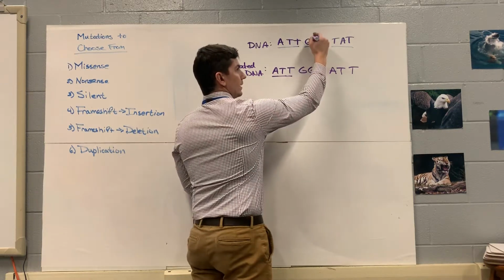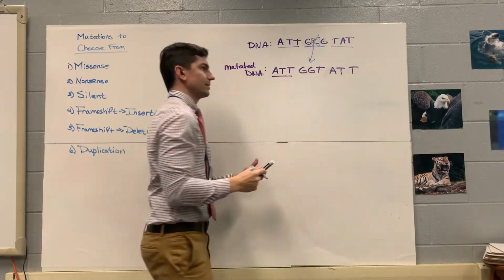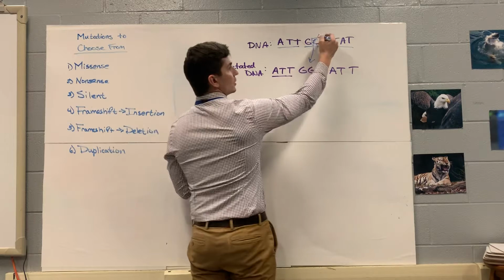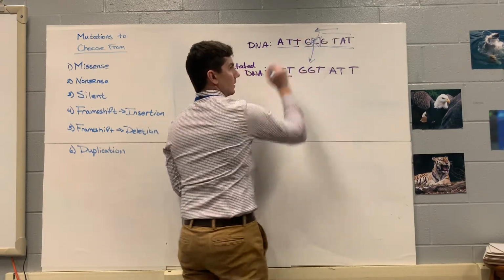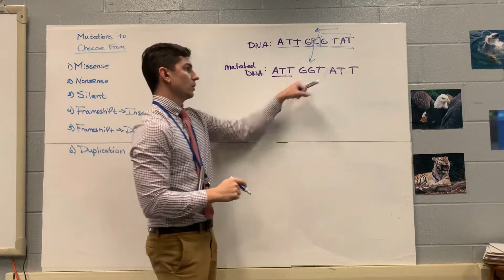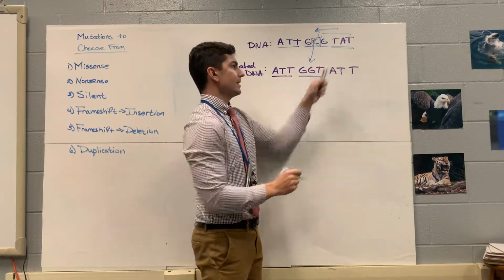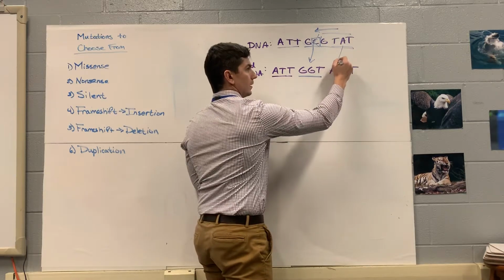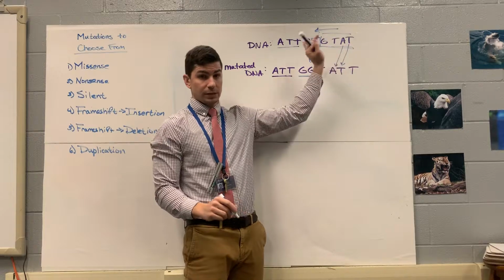But this C right here got deleted when we went down to there. What that did is shift the rest of these to the left. So now we got this GGT here. There's our AT. The A's there, the T's there. I didn't show the rest of the DNA.